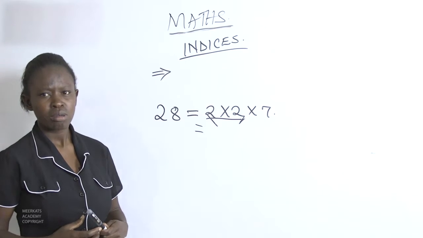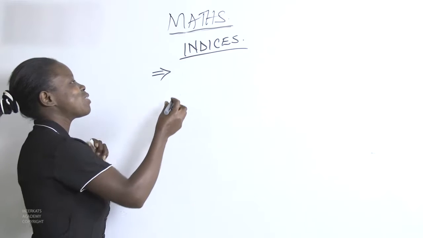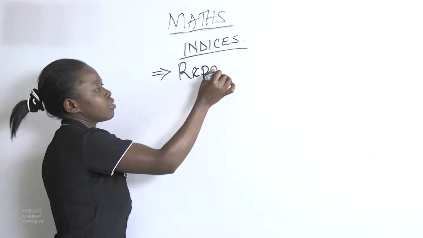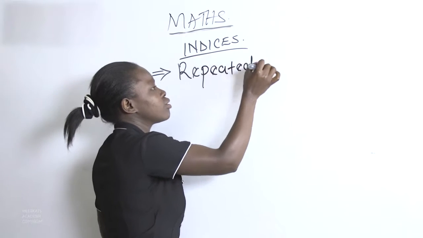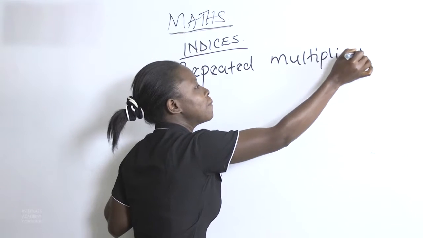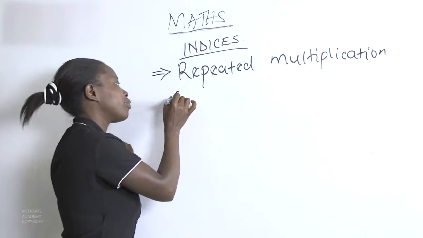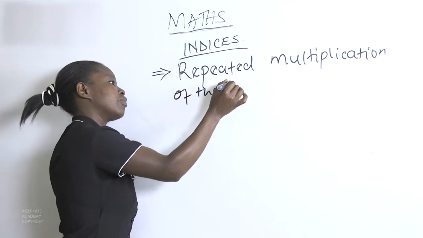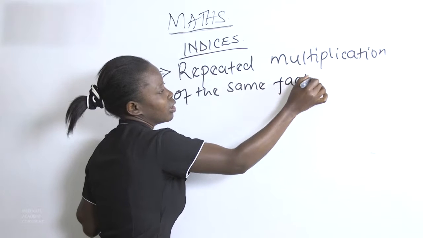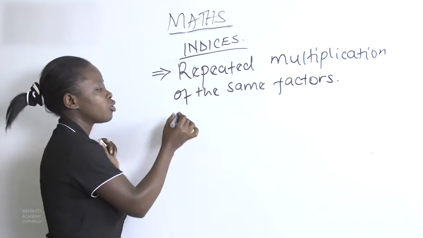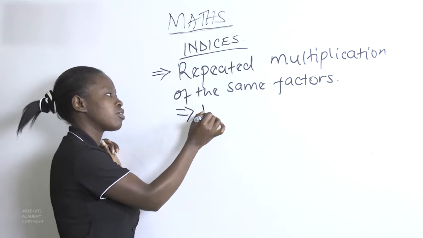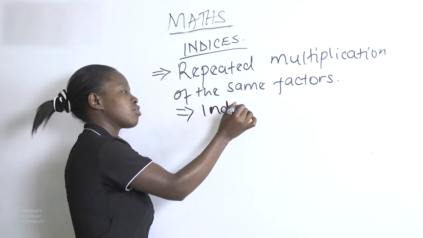So when you have repeated multiplication of the same factors, then the number can be expressed in index form.